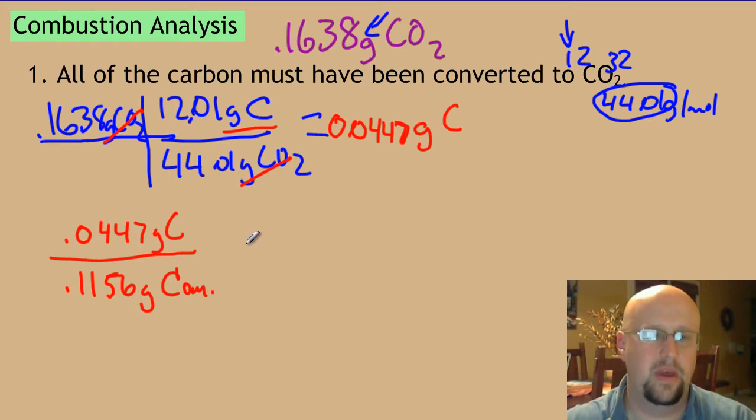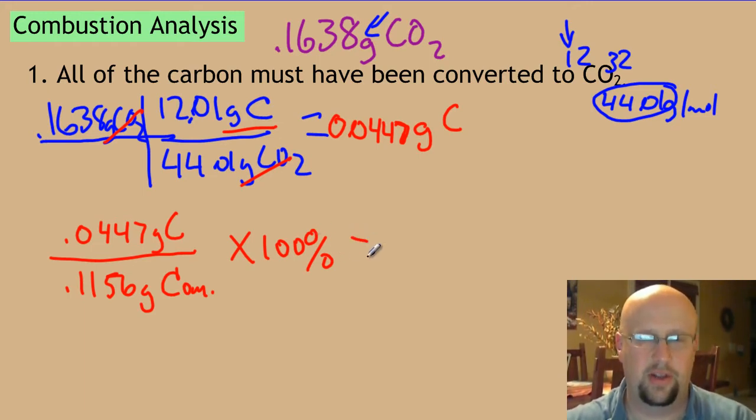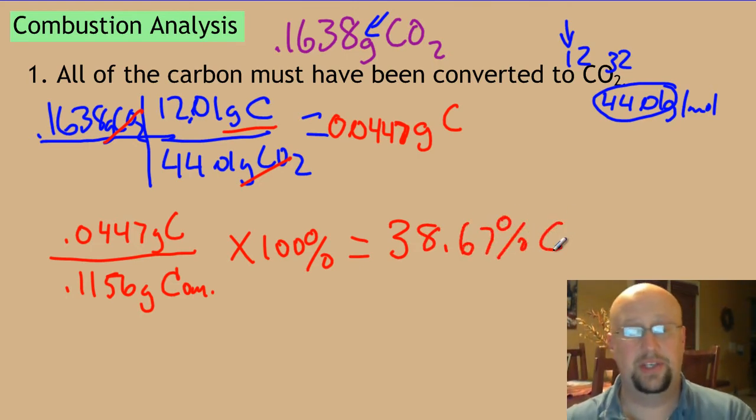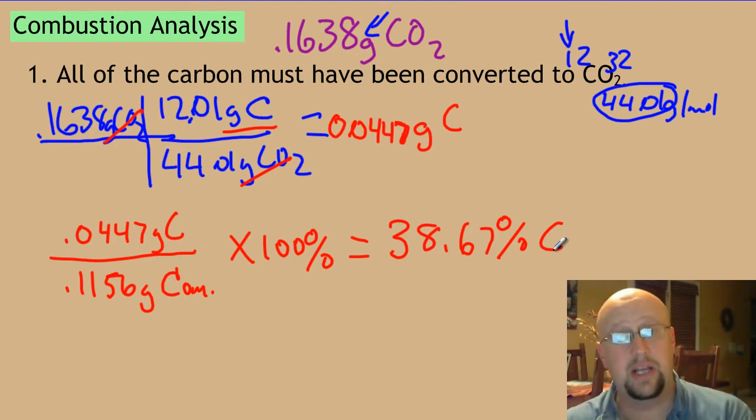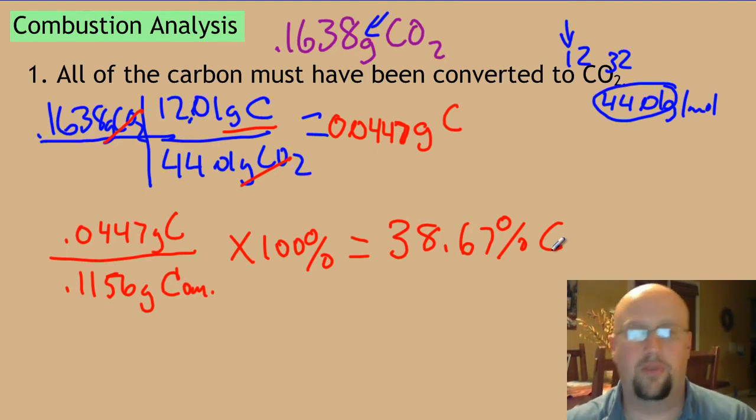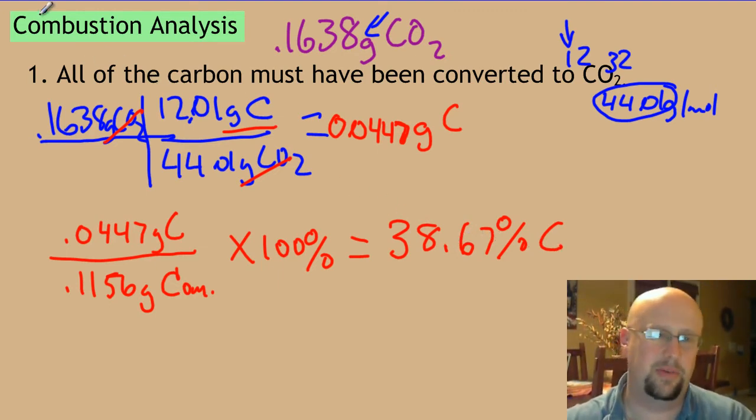And then we want it to be a percent, so we're going to multiply it by 100. Remember not to hit the percent key in your calculator. That'll mess everything up. And so we calculate that out, and we have 38.67% carbon. Now this is good because once we have the percents, then we can do the empirical molecular formula pretty easily.